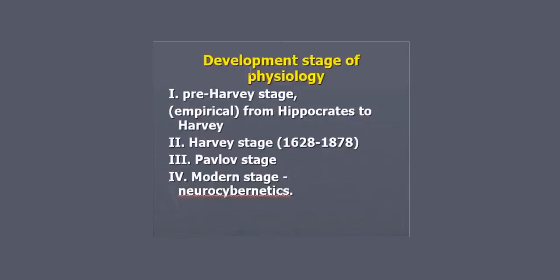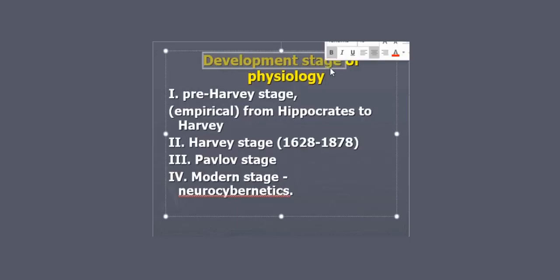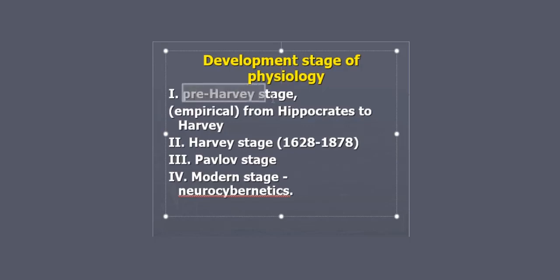And here we have the development stages of physiology. In our book and in our university, we divide it into 4 stages. Stage number 1 is called the pre-Harvey stage, stage number 2 is the Harvey stage, then you have the Pavlov stage, then the modern stage.